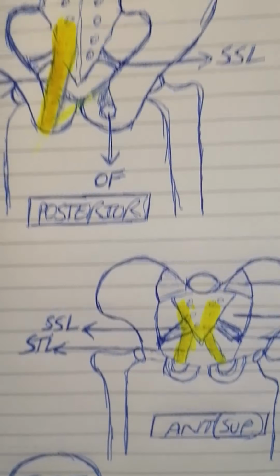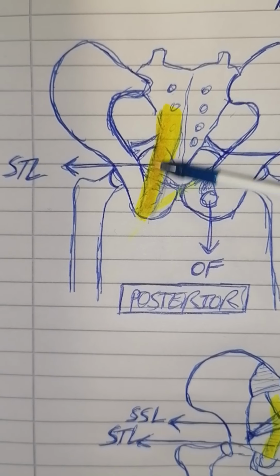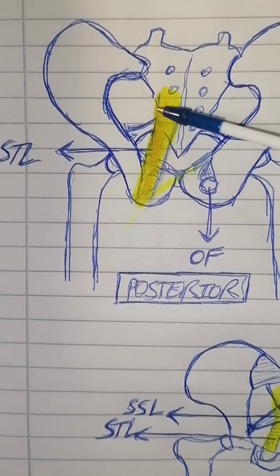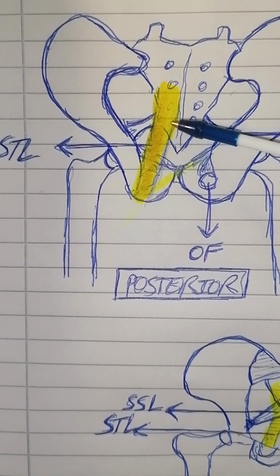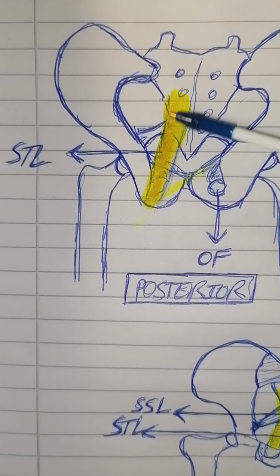Again, let's see. This is the posterior view, the location of STL, sacrotuberous ligament, coming from the back side, posteriorly from your sacrum and inserting on the back of your ischial tuberosity.